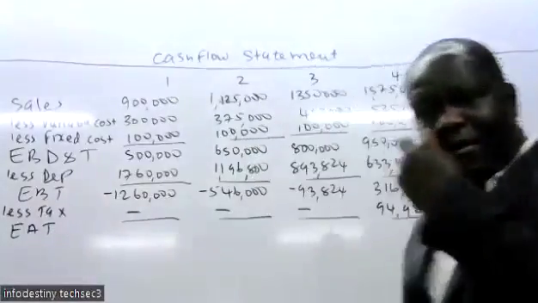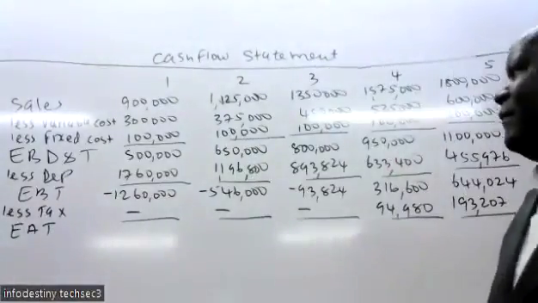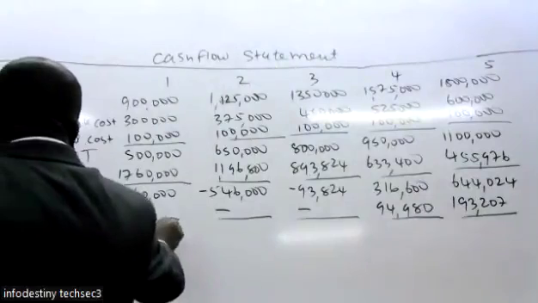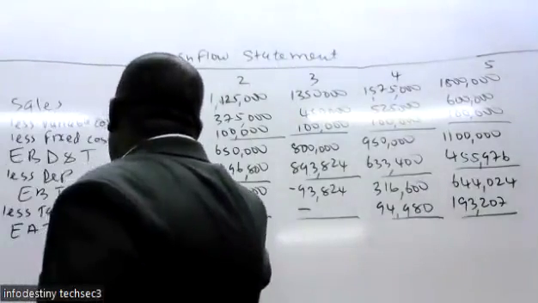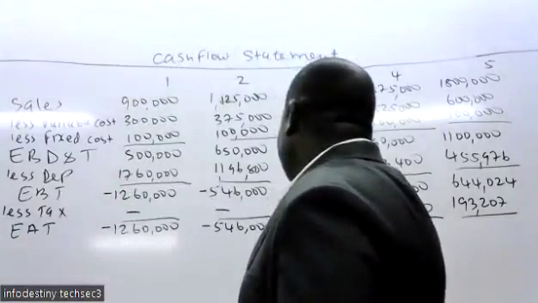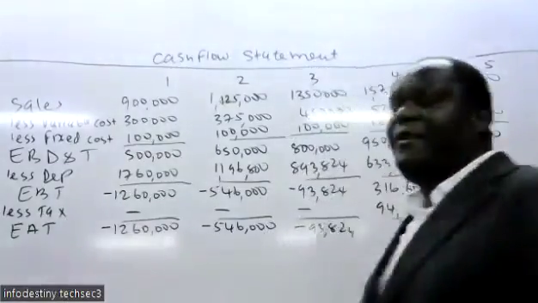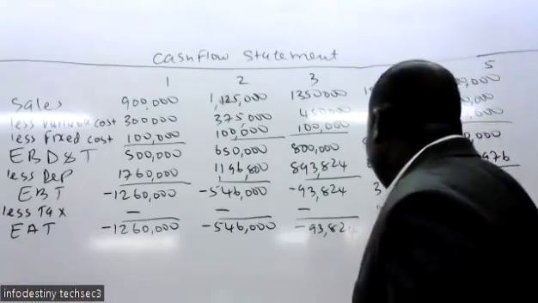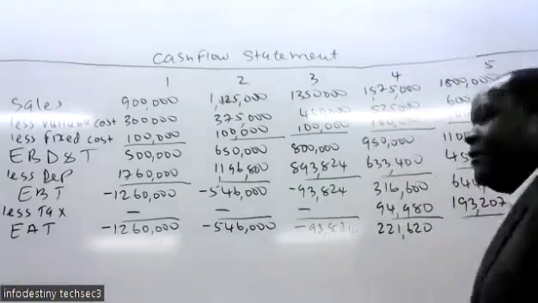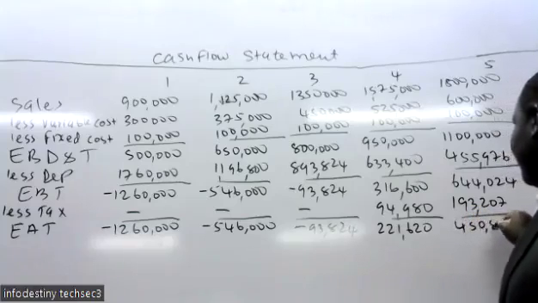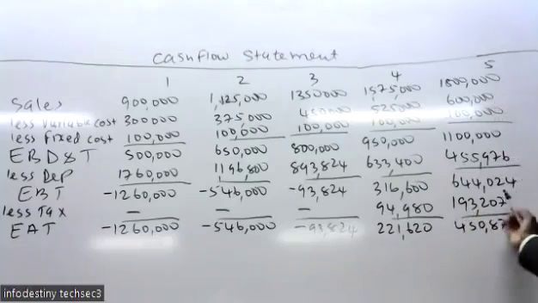This one just remains negative 1216. This other one is negative 546. This one is still negative 93,824. The next one will be 221,620. And the other one for year five is 450,817.